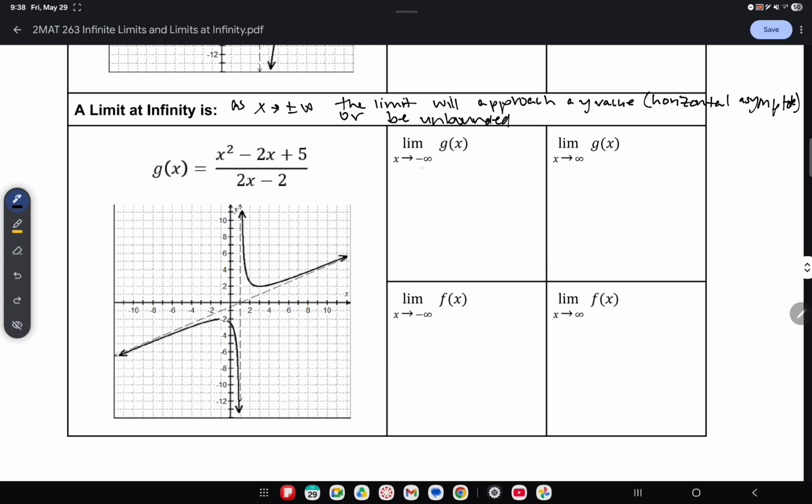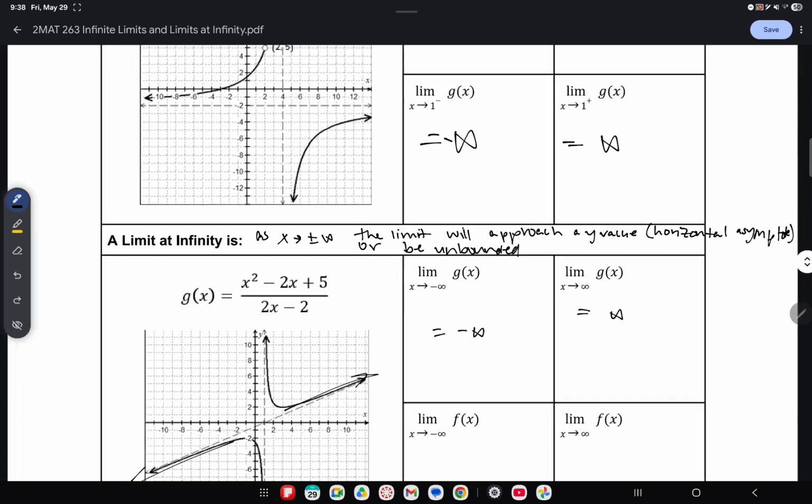So the limit as x approaches negative infinity, the y values are going to negative infinity. And then as x is approaching positive infinity, the y's are also going to infinity. Okay, so we have a slant asymptote here. We don't have a horizontal one.